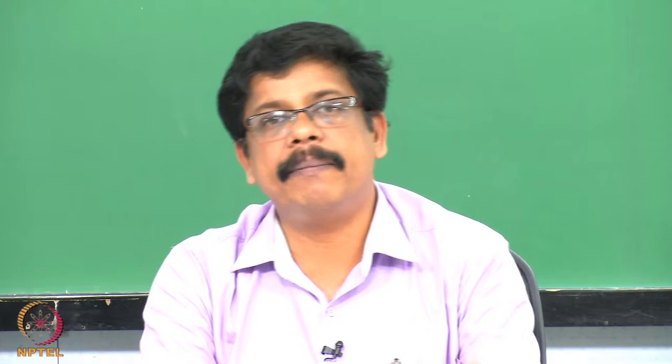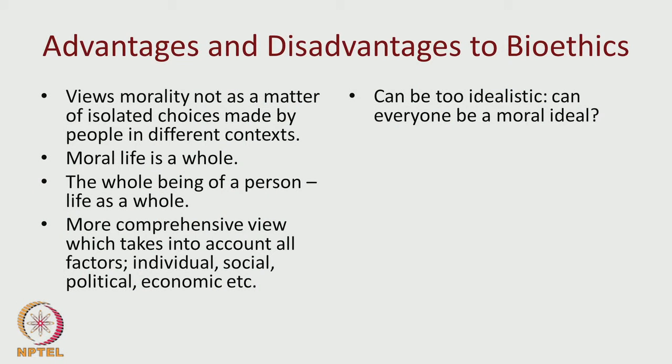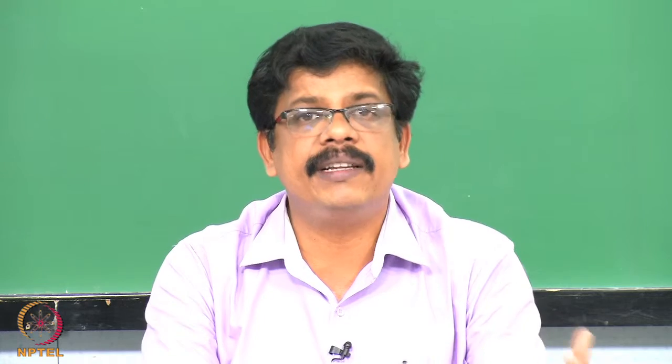But at the same time, one can also point out some of the limitations of this virtue ethics framework. We should understand that there are certain limitations, like it can be too idealistic. One can always ask a question: can everyone be a moral ideal like Mahatma Gandhi? It is not actually possible to expect everybody to lead the life of a Mahatma or of an ideal human being.